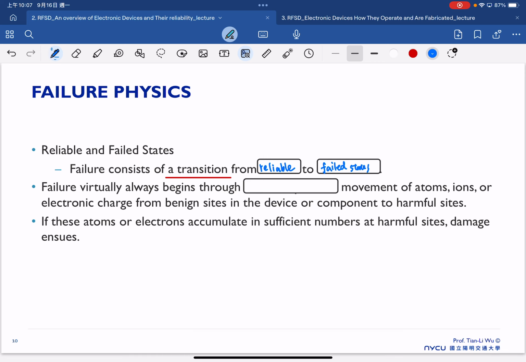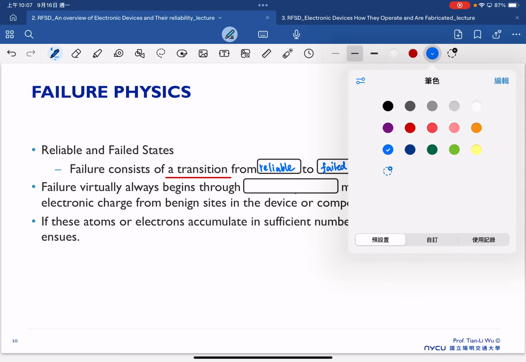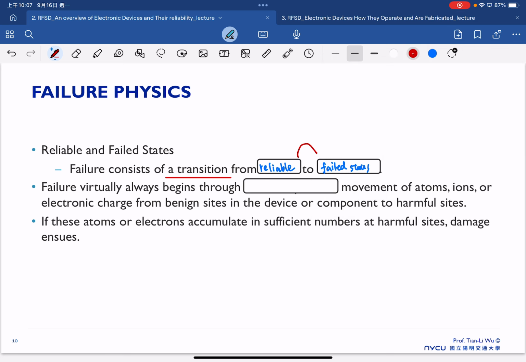That's why reliability is a time-dependent phenomenon. So this is a time-dependent process, because in the beginning it's always in a very reliable state, but after we operate for a while, we start to find out there's a fail state here.